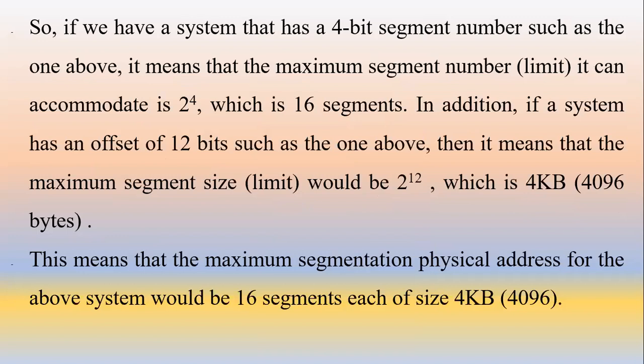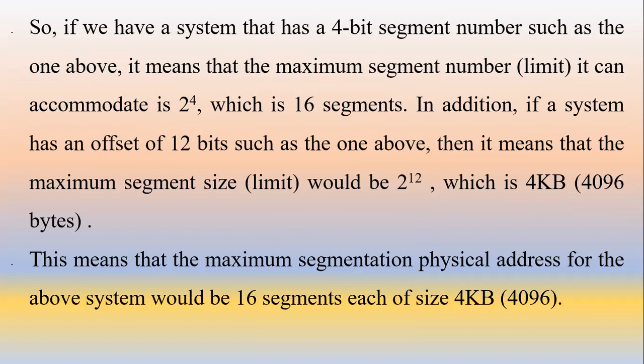So, if we have a system that uses a 4-bit segment number, such as the one that we have looked at, it means that the maximum segment number or limit that it can accommodate is 2, which represents 2 states, 0 and 1, raised to power 4, which gives us 16 segments.